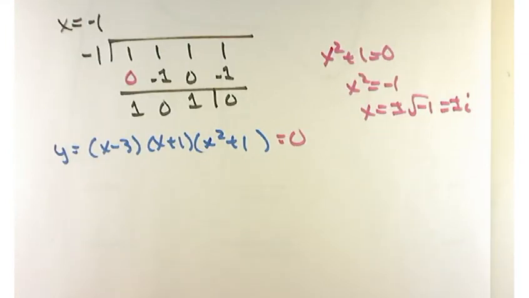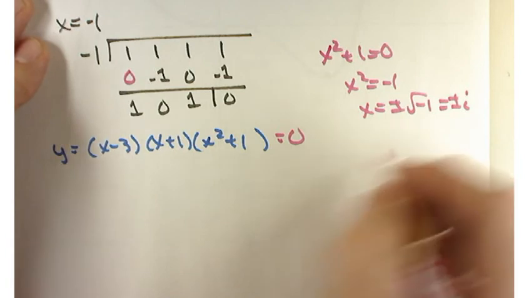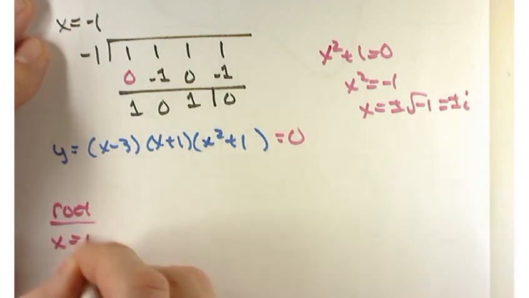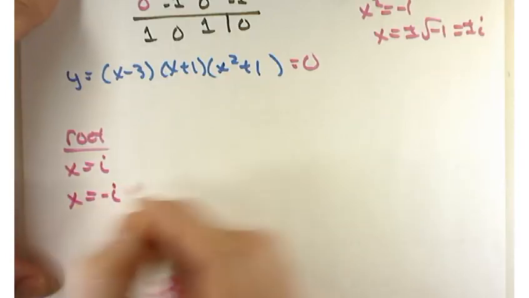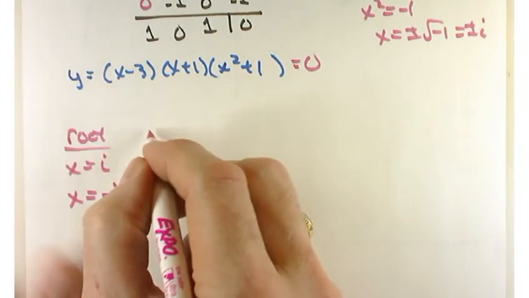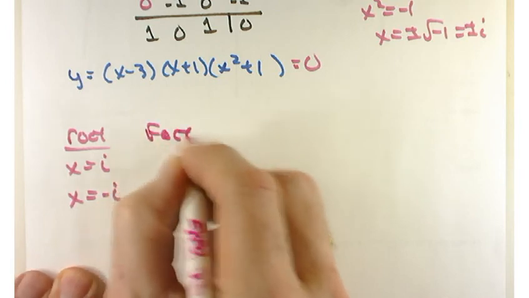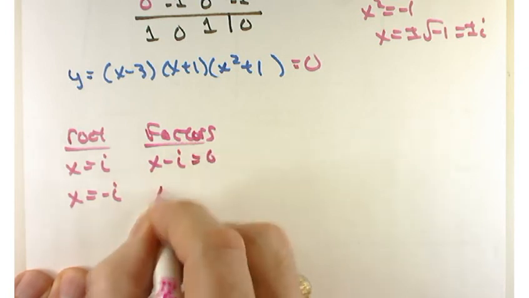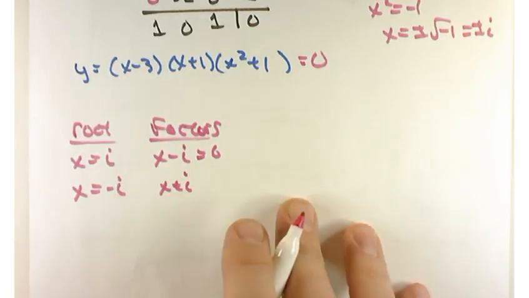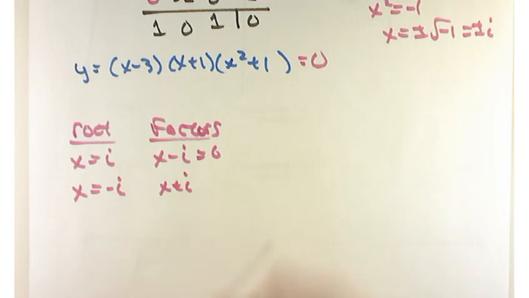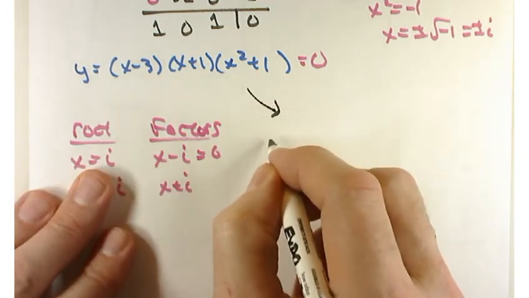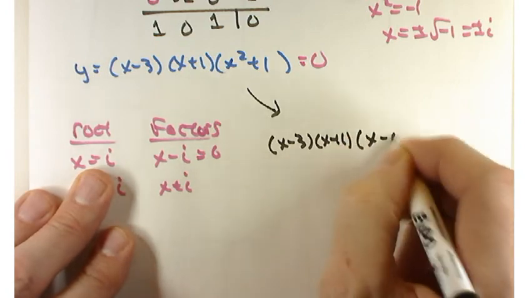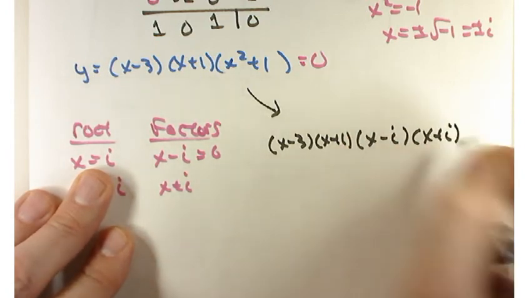So to finish this off, if I have a root at x equals i and x equals -i, then they're going to form factors like this: x minus i times x plus i.